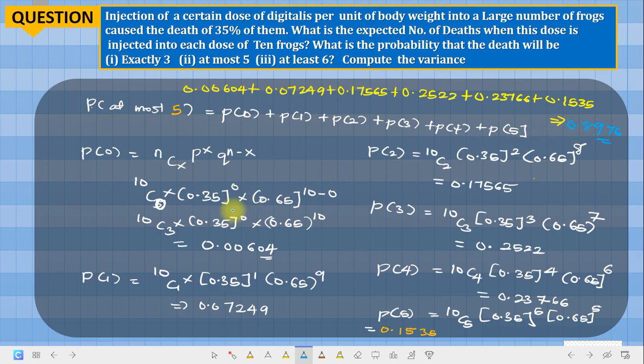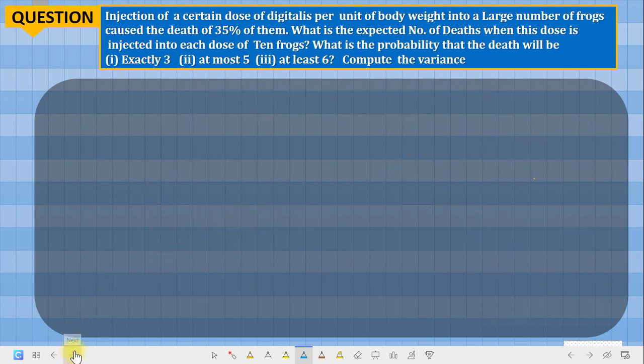The next one is the probability that at least 6 will die. Now when you say at least 6, it means 6 and above.